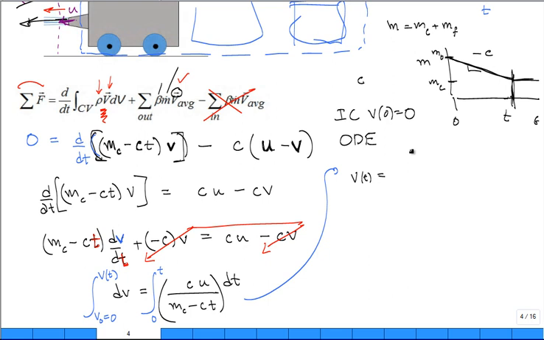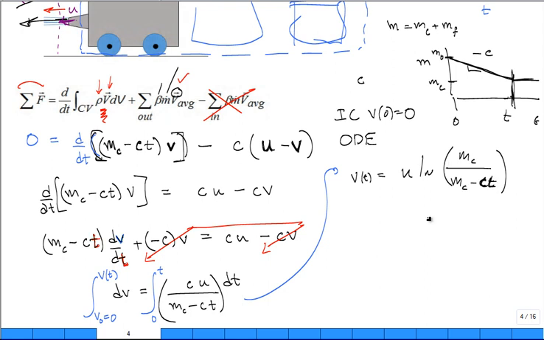Natural log. C and u are constants. The only place t is right there. So you pick up a natural log, and it looks like u natural log m naught divided by m naught minus ct.